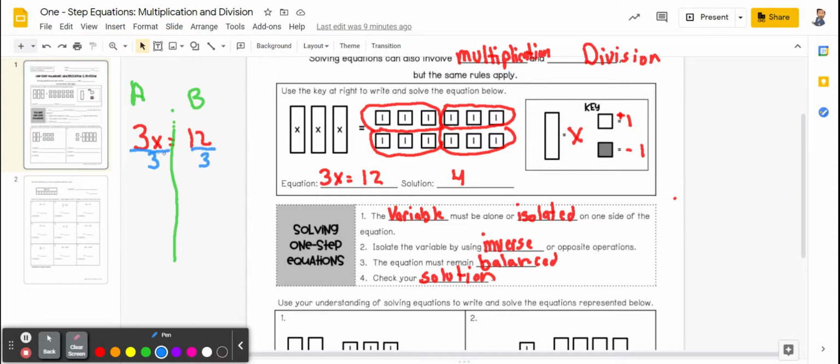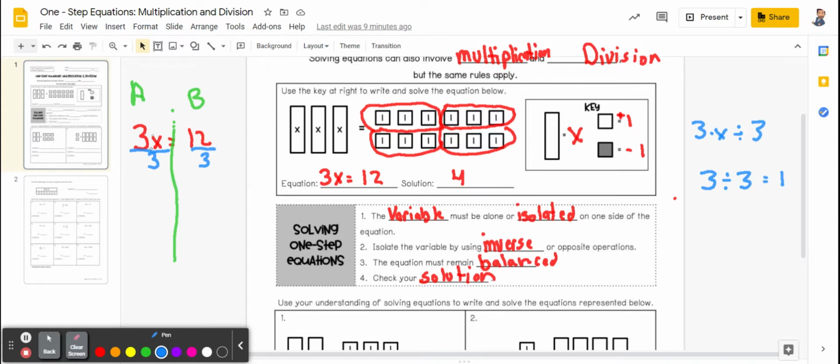Here's how that works. Let's go over to this side and see what this means. We have 3x, 3 times x. When we divide by 3, what is 3 divided by 3? Well, it equals 1.